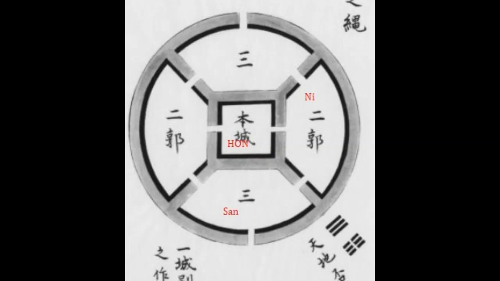So you can see which are considered the san and the ni. The san have an opening to the outside, and then the ni has an opening to the san and to the hon, and the hon only has openings to the ni. If you take a moment to look at that, you'll see what makes it san, ni, and hon.